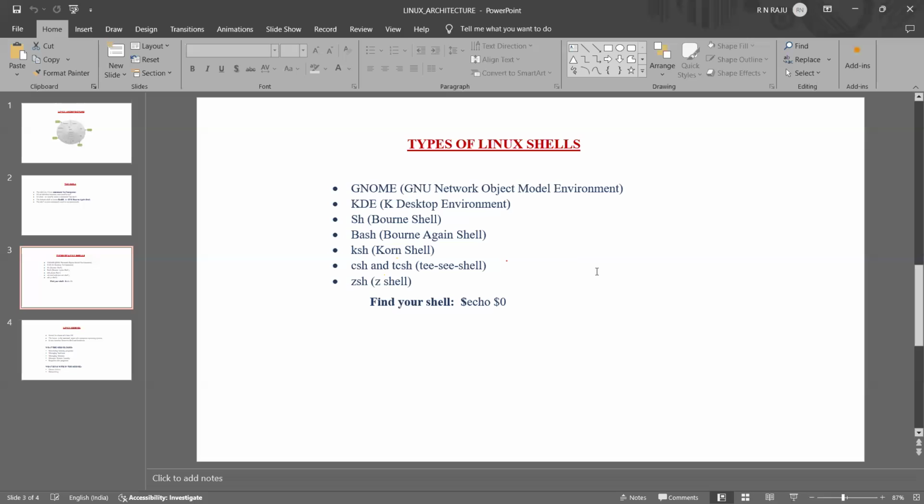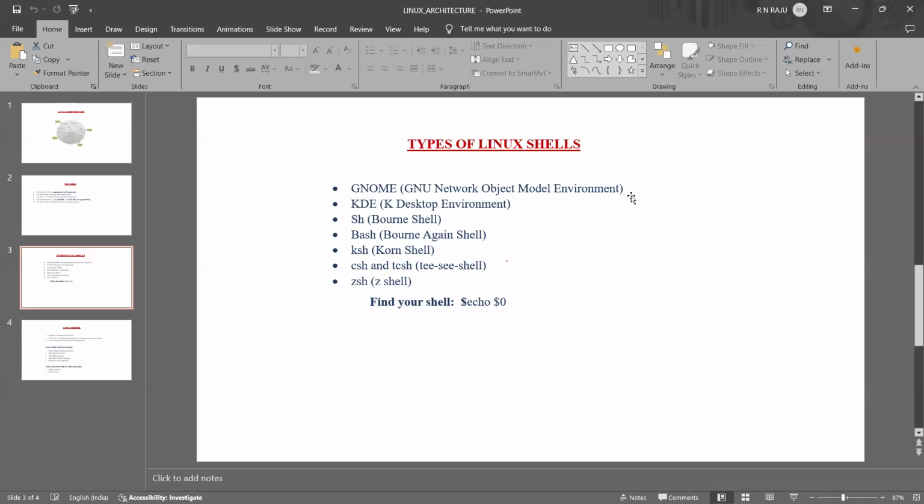But the first two shells are desktop shells, I mean GUI, graphical user interface related shells. And the next five shells are command line shells. The full form of GNOME is GNU Network Object Model Environment.